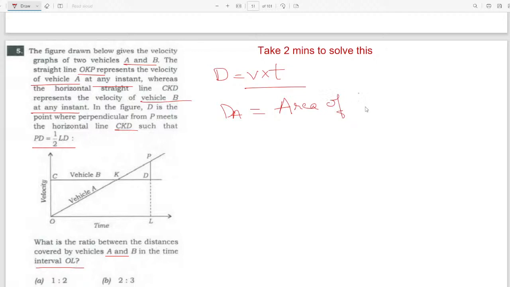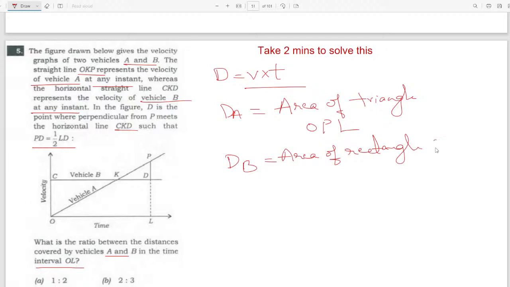That is the area of triangle OPL, and the distance covered by vehicle B is equal to the area of rectangle OCDL.